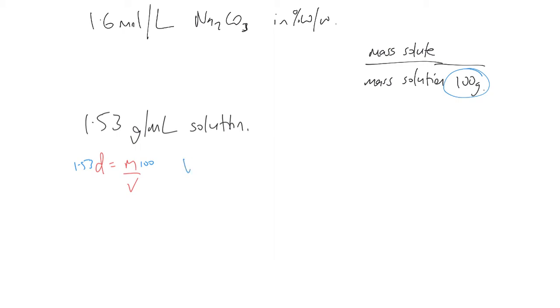So V of the solution is equal to M over D, which is equal to 100 over 1.53, which is 65.36 mils. That volume of solution will give me 100 grams of solution. Does that make sense? Happy with that?